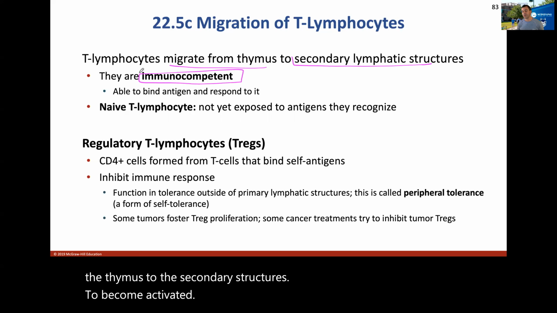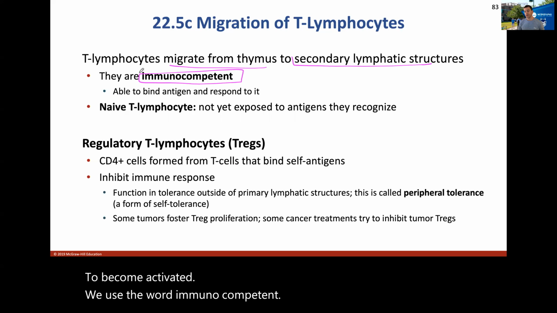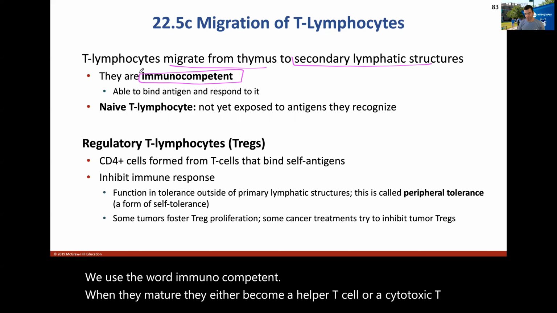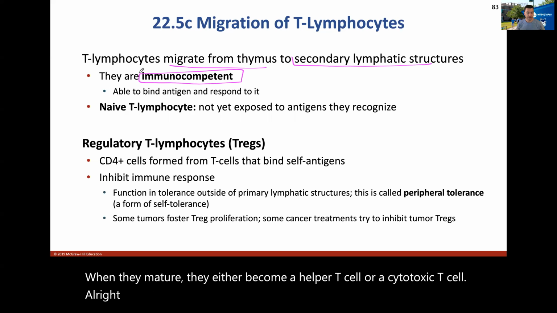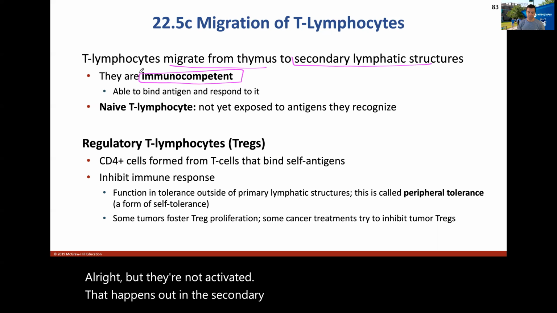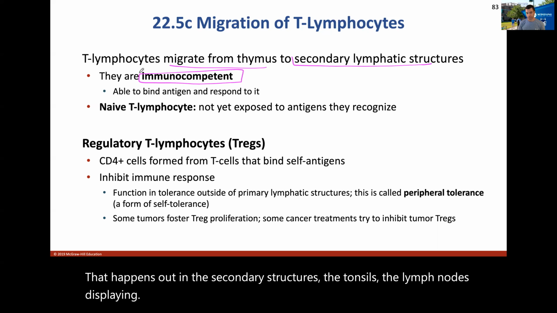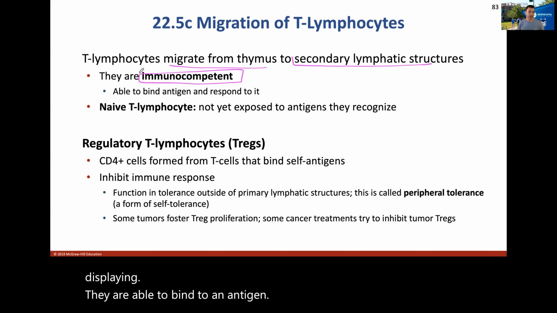We use the word immunocompetent. When they mature, they either become a helper T cell or a cytotoxic T cell. But they're not activated. That happens out in the secondary structures, the tonsils, the lymph nodes, the spleen. They're able to bind to an antigen and respond to it.